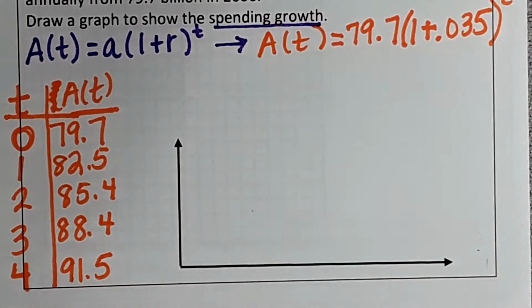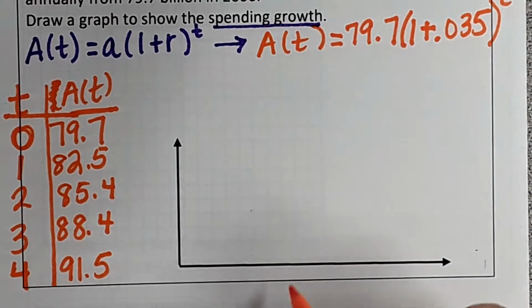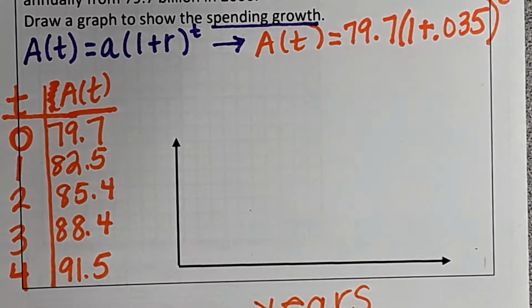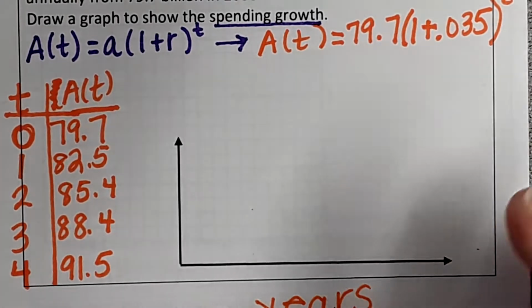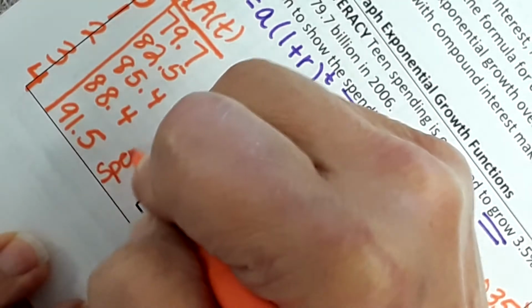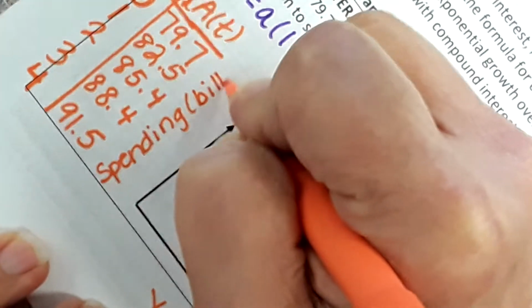Okay, so now we have our ordered pairs. Down here, this is going to represent the number of years. So this is our t, or our x value. This is the one that we plugged in, okay? And then this side right here is going to be spending, and we're going to put billions.